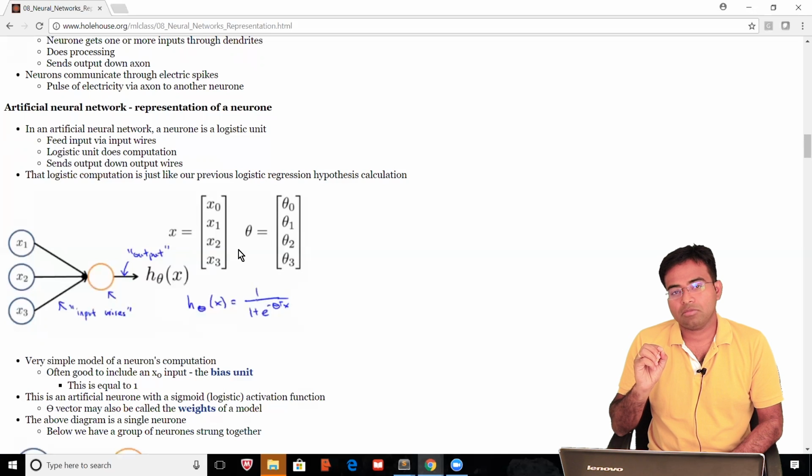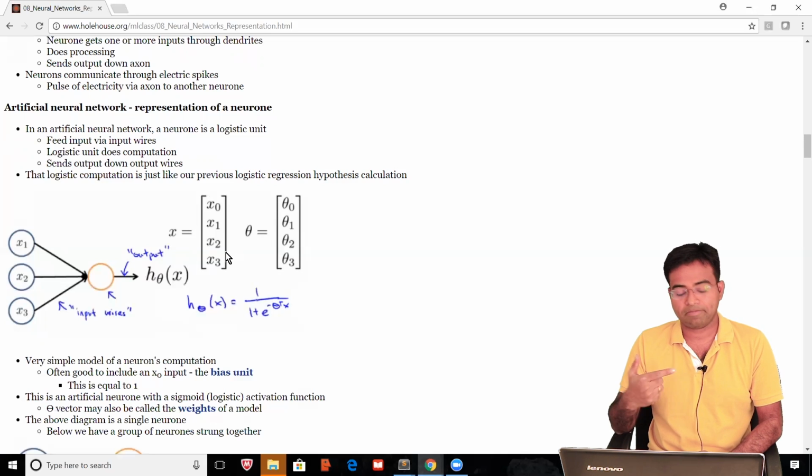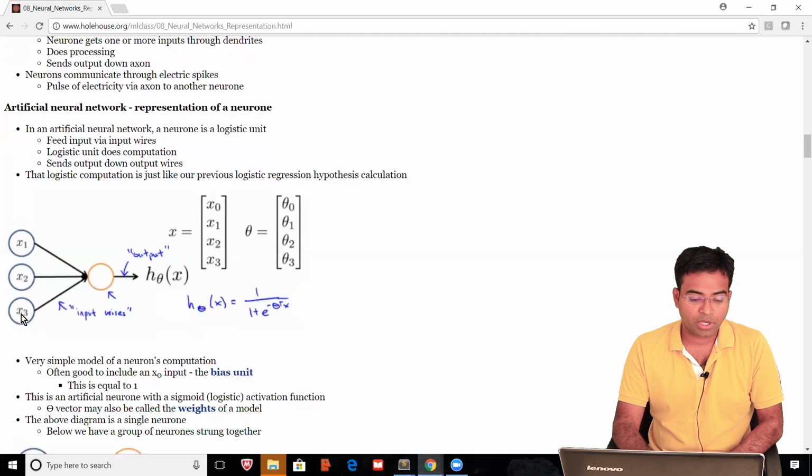Let's now try to understand how an artificial neuron looks like. Then we'll try to make multiple layers using this artificial neuron. Similar to our actual biological neuron, we have input channels, as you can see here. These are different features. If you have three features, this is one feature, this is another, and this is the other one.